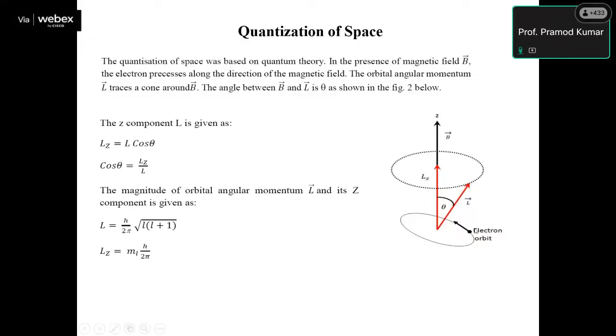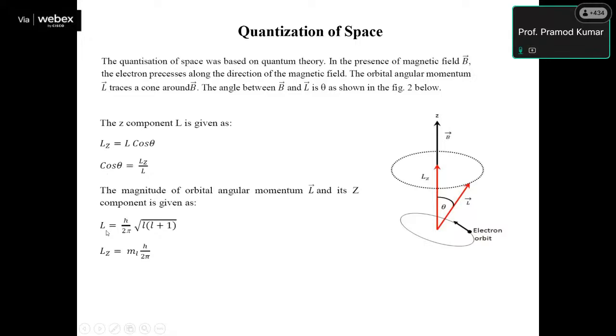So normally, after applying the magnetic field, this spin will start to align in the direction of the magnetic field. Just assume this angle is θ with respect to the applied magnetic field along the z-axis, then okay, we can easily write that the aligned component Lz equals L cos θ, and cos θ equals Lz/L.